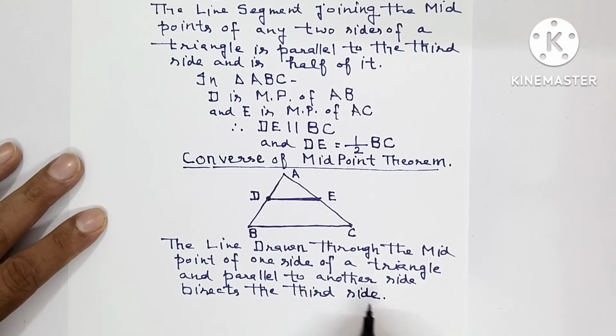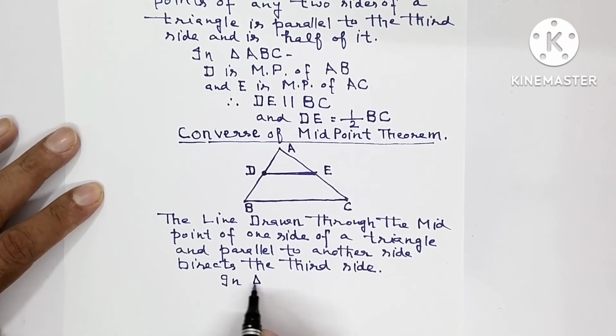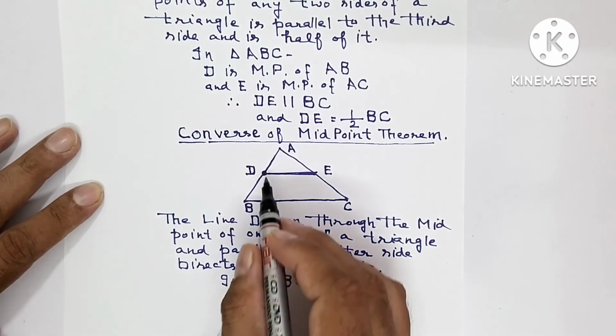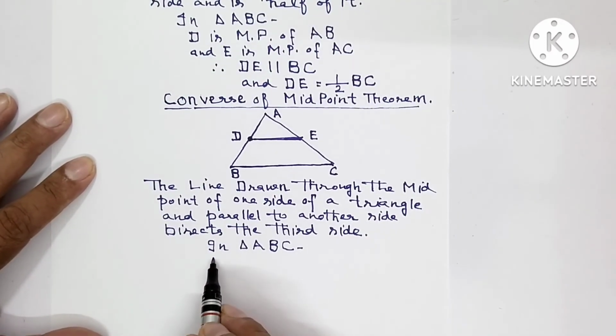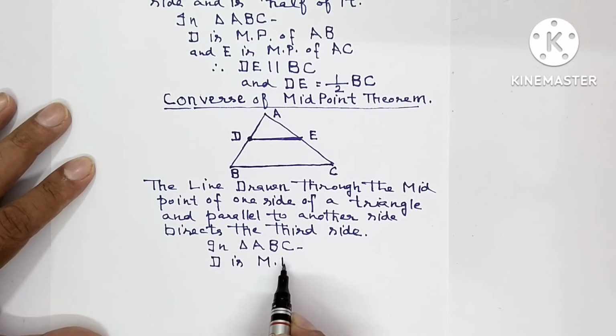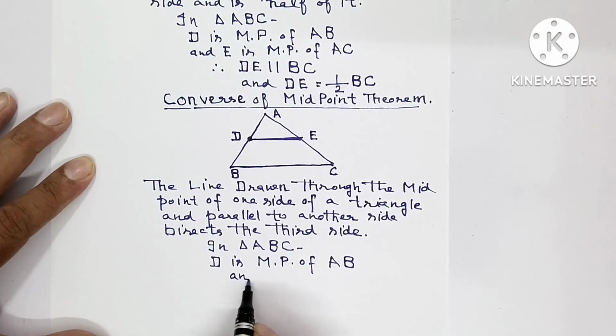So you can see in this figure, in triangle ABC, what is the midpoint of one side of the triangle? D is the midpoint of AB. So I have written D is the midpoint of AB. And other than this, DE is parallel to BC.